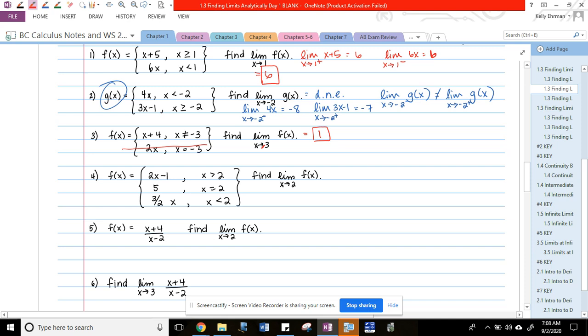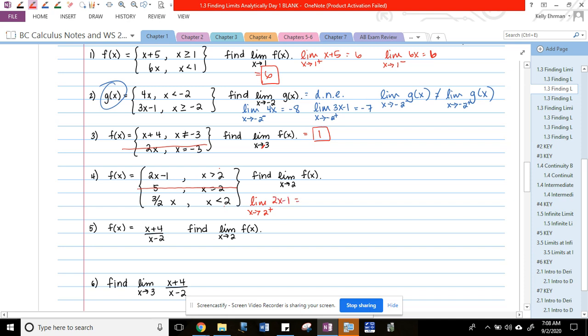Number 4 has 3 parts to it, so limit as x approaches 2. Again, we don't care about the actual function value, so I can ignore the middle piece. I just care about the right and left side. The limit as x approaches 2 from the right is the top equation of 2x minus 1.